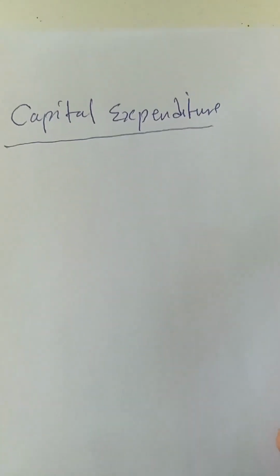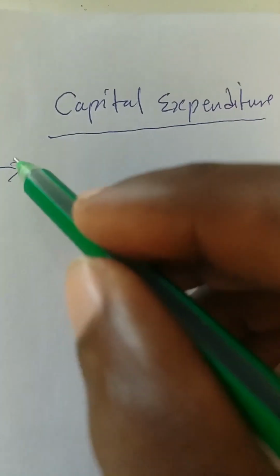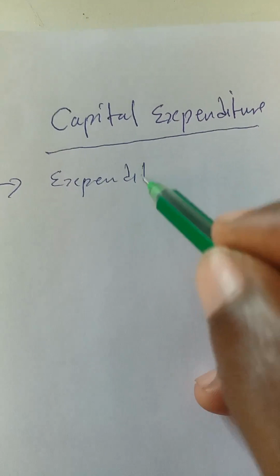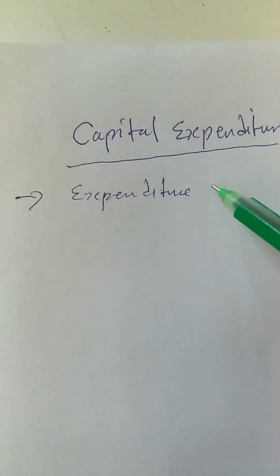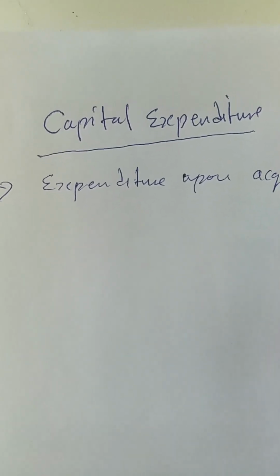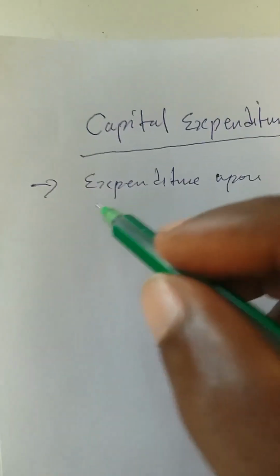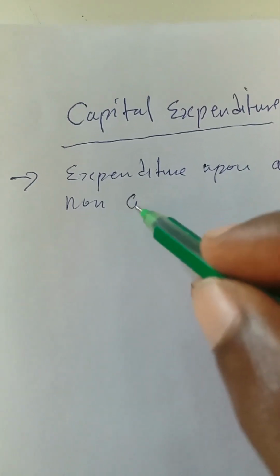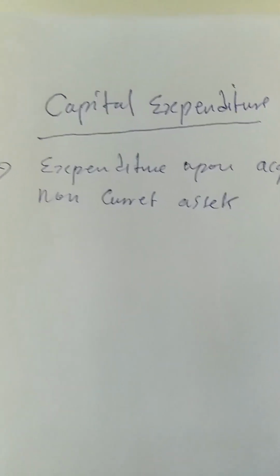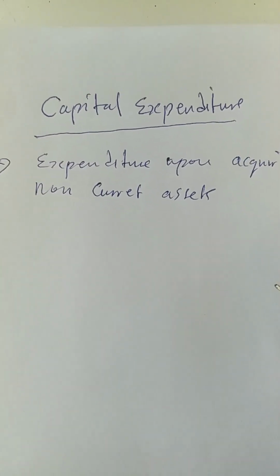So this is an expenditure upon acquiring non-current assets. This expenditure results in the acquisition of a non-current asset. That's what we are calling capital expenditure.